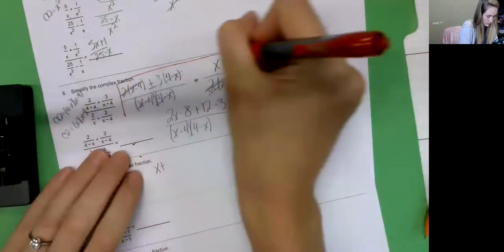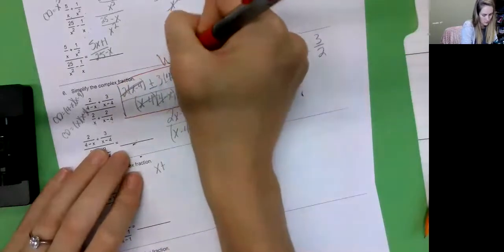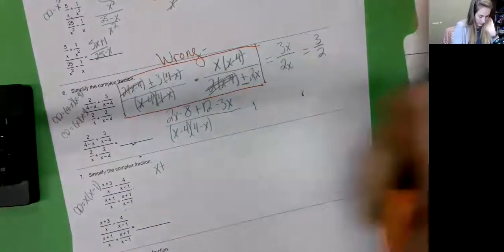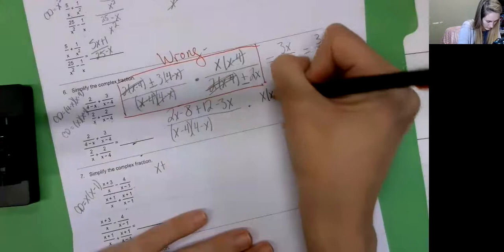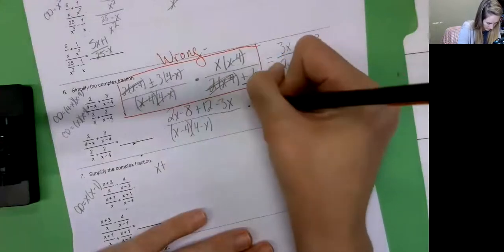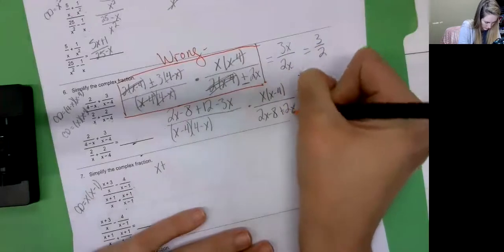I'm sorry. And then this would be multiplied by x times x subtract 4 over 2x subtract 8 plus 2x.